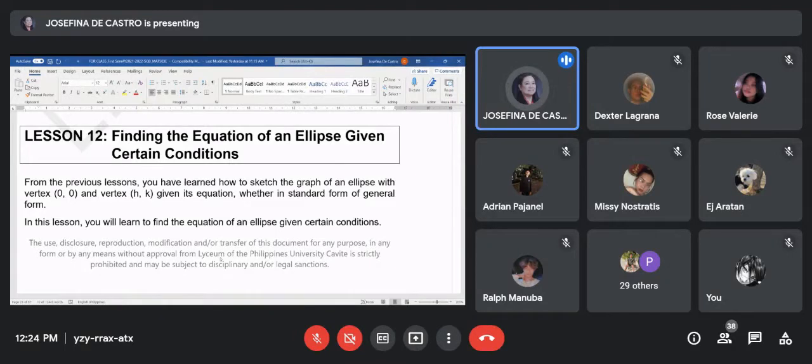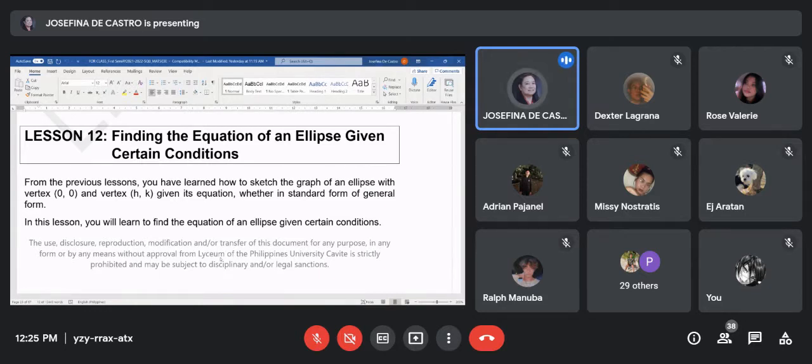Sa lesson 9 and 10 ay given the equation of the ellipse, we are to give the coordinates of the parts and then graph the ellipse. Ang lesson 12 naman ay pabaliktad niya. Given naman some of the parts, we are to give the equation of the ellipse.